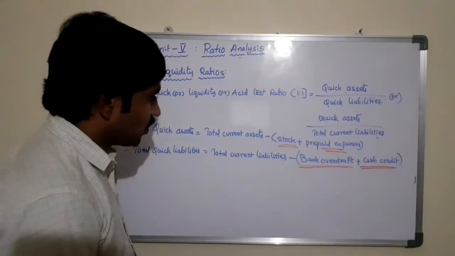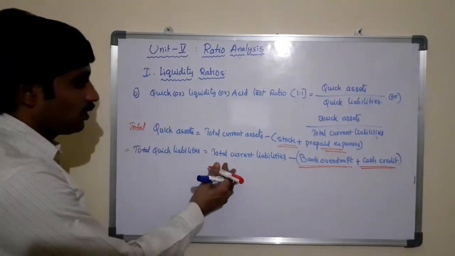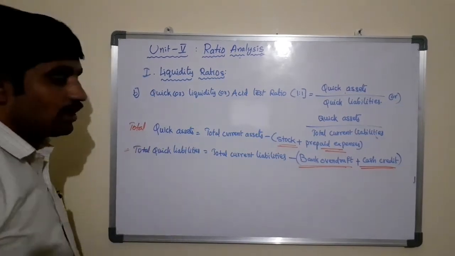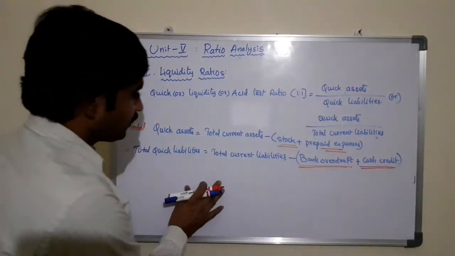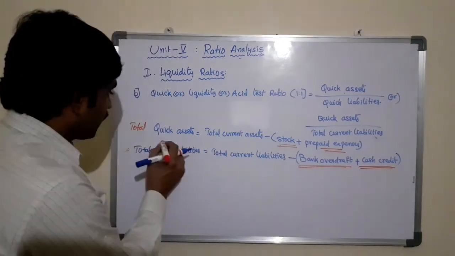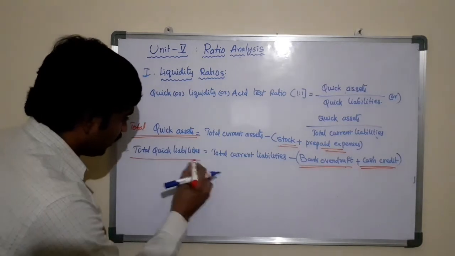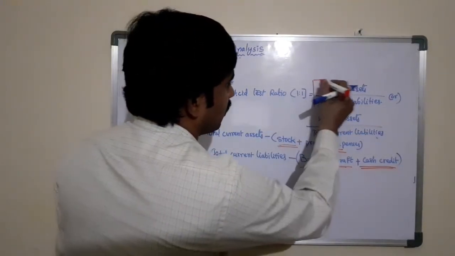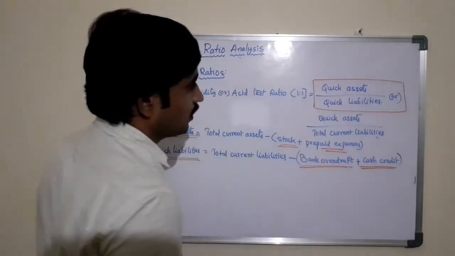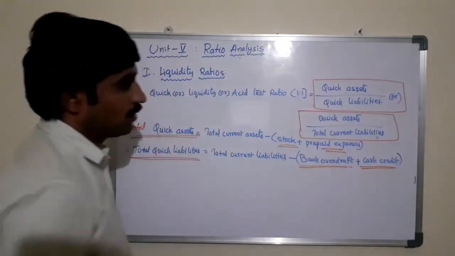If you exclude this bank overdraft and cash credit from the total current liabilities, we will get the total quick liabilities. So here, after calculating the total quick assets and total quick liabilities, we need to substitute in the formula quick assets by quick liabilities, or quick assets by total current liabilities.